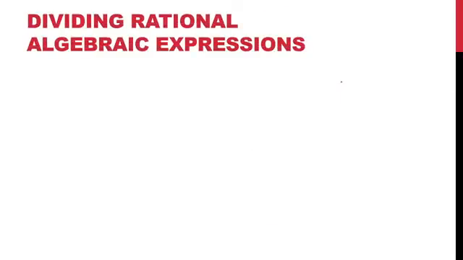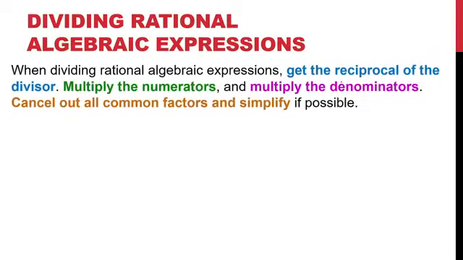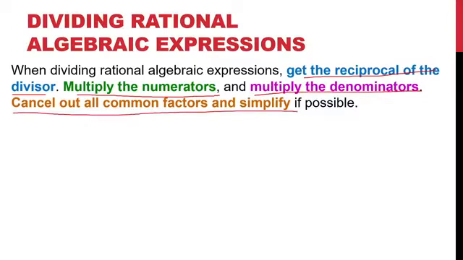Now, let's go to dividing rational algebraic expressions. Take note, when you divide rational algebraic expressions, you get the reciprocal of the divisor. Multiply the numerators, multiply the denominators, then cancel out all common factors and simplify.